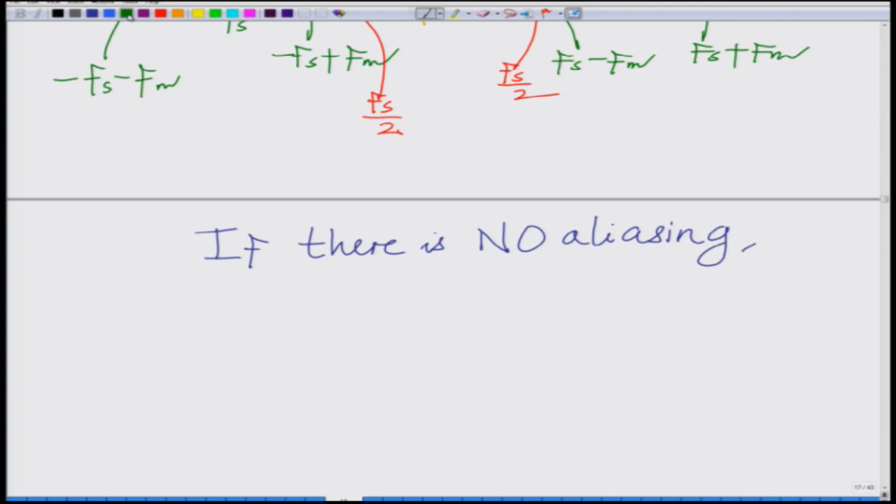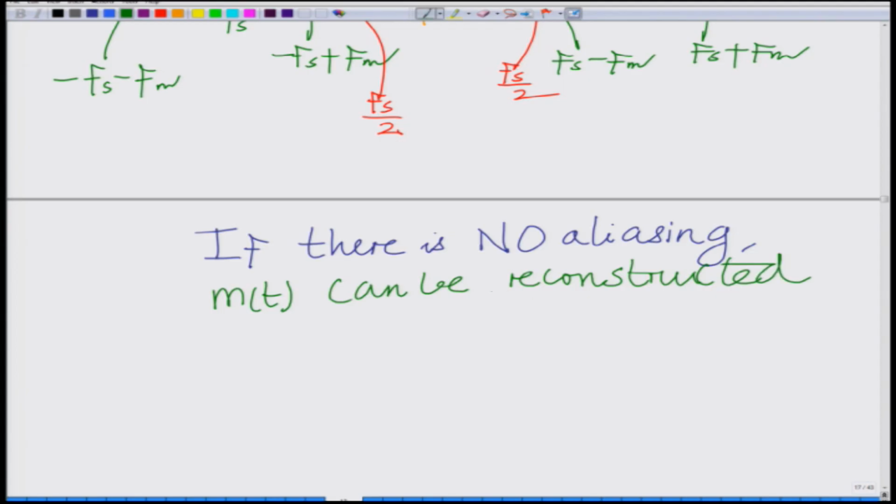If there is no aliasing, the original message signal m(t) can be reconstructed.